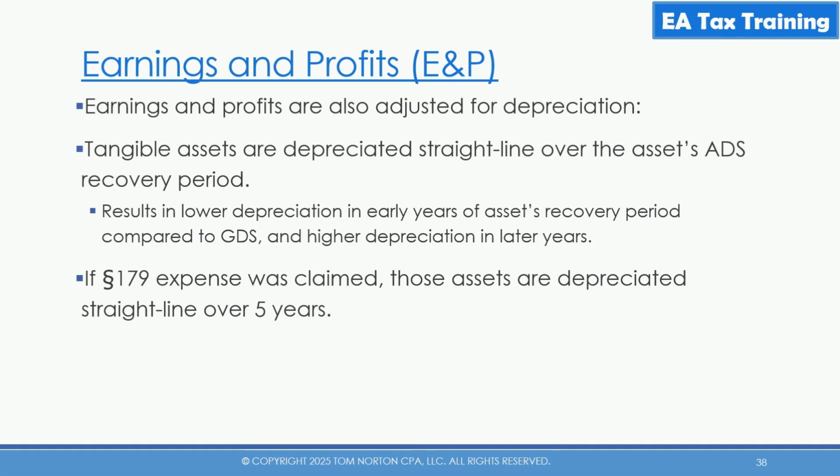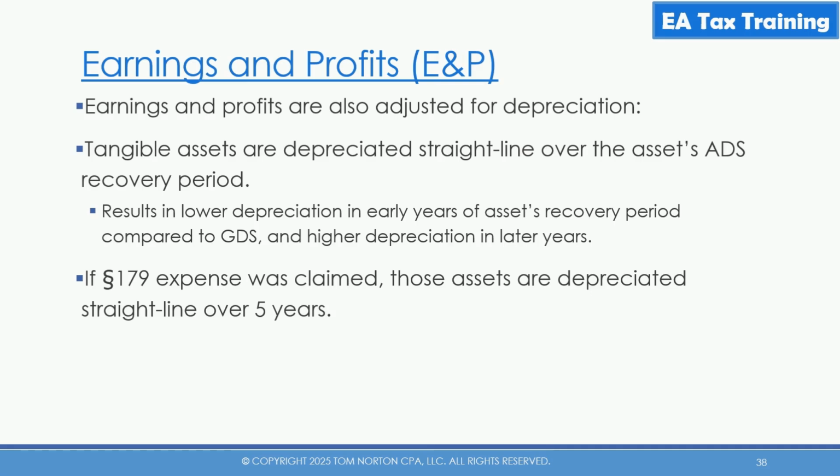Remember, that's that alternative depreciation system. And if you'll remember, ADS is always straight line depreciation. And the recovery periods are not exactly the same as the regular MACRS recovery periods. Remember, 3 years, 5 years, 7 years, etc. The ADS lives or recovery periods tend to be longer.